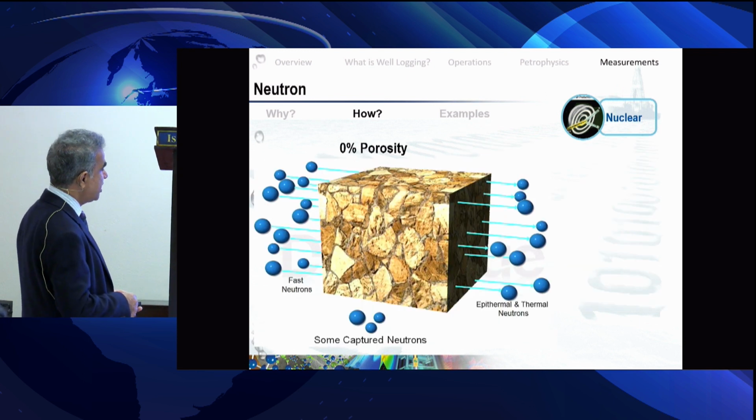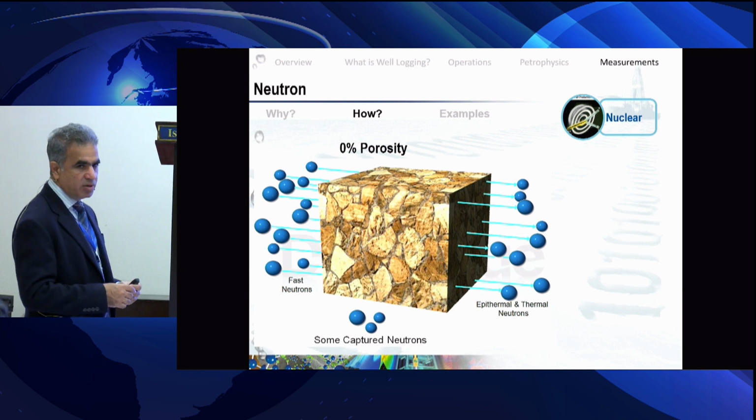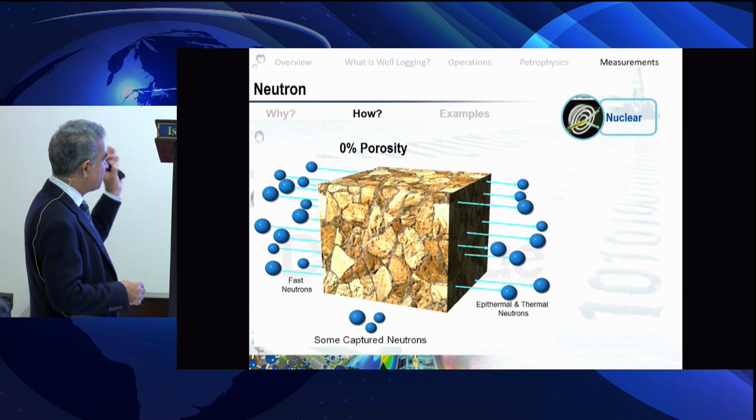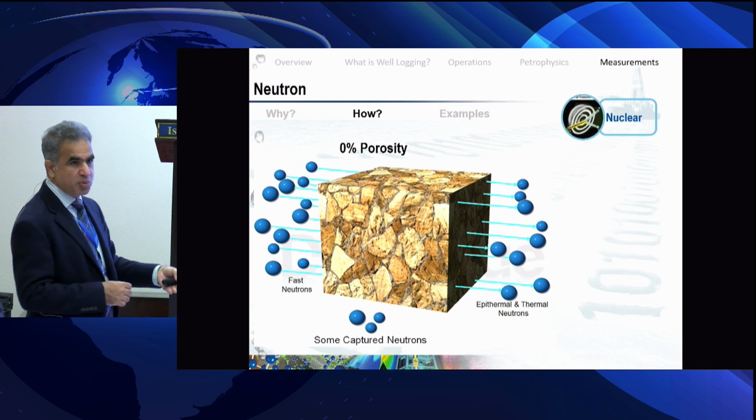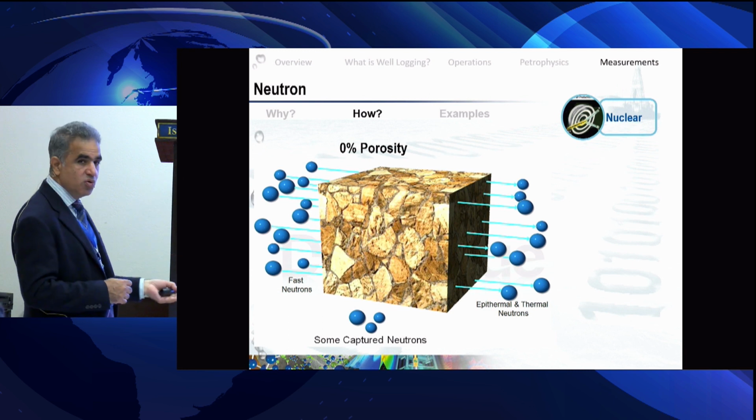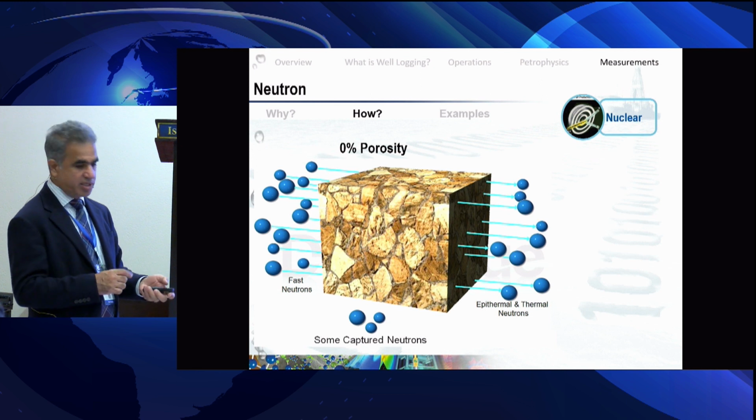So in terms of porosity, if we assume a rock, a 1 meter cube rock, fast neutrons interact, epithermal range, thermal range. Based on the porosity ranges, we get fewer or more neutrons to the detectors.